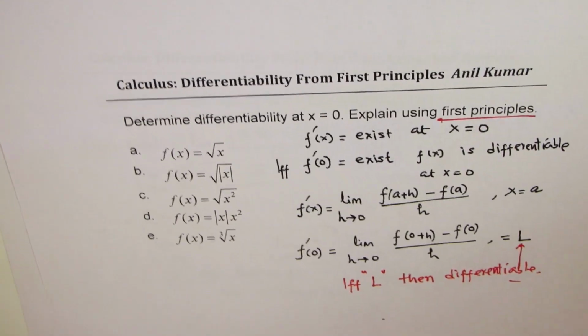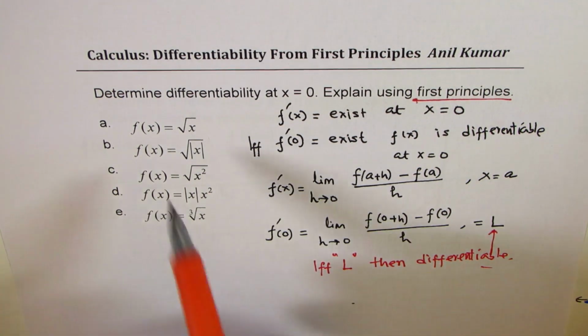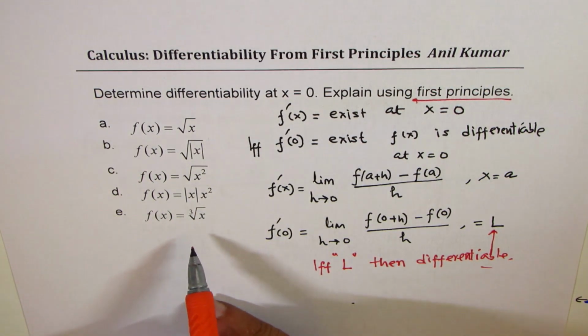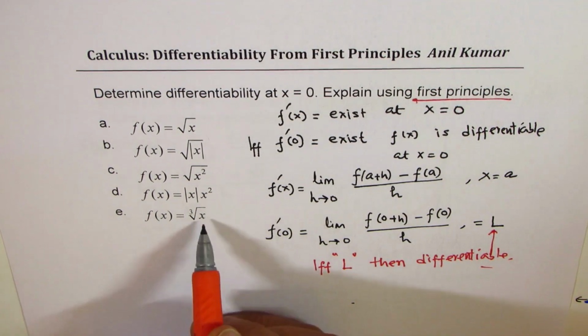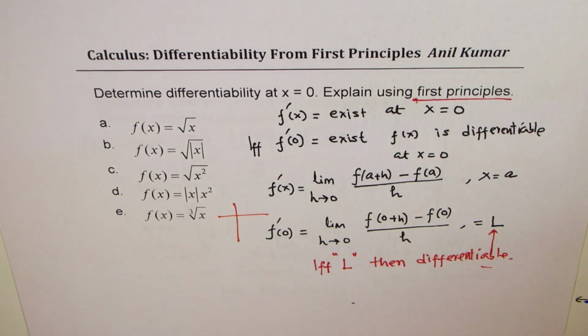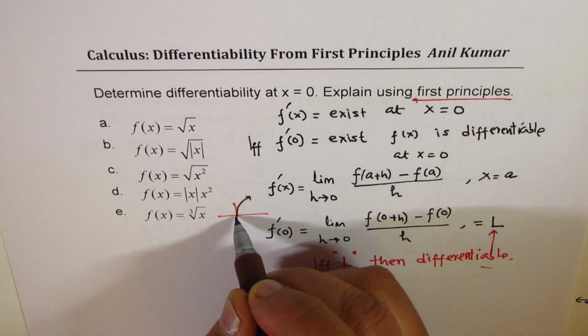We began with this set of questions. We were checking differentiability at x equals to 0 using first principle for all these functions, right? So which ones of these were differentiable? Just now we said this is not defined. This function was, as you know, kind of like this, correct?